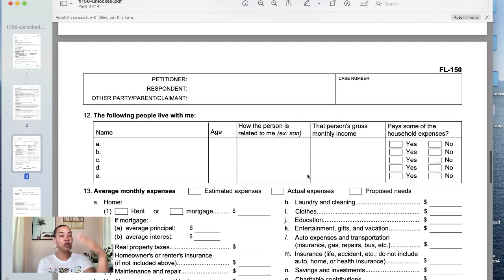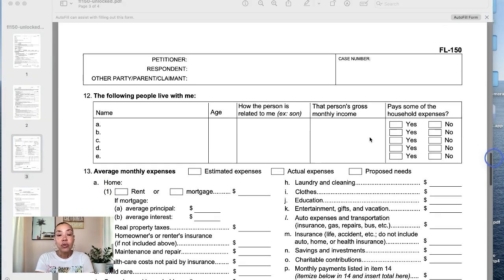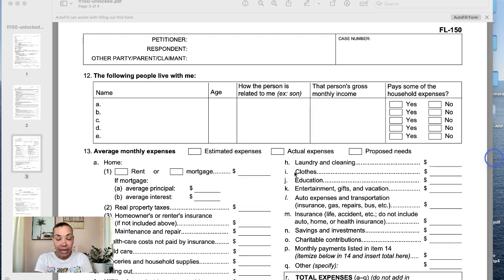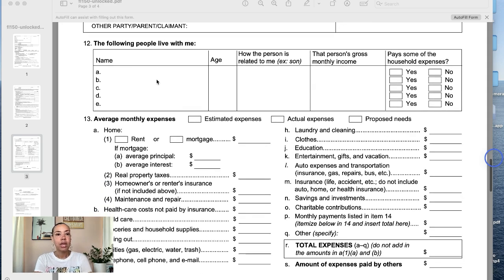Then you get to page 3, you have to do the heading again, and then you have the case number. So you're going to list the people that live with you. You're going to list their name, how old they are, how this person is related to you. Maybe it is your child, maybe it's a roommate, maybe it's your spouse because you're still in the same house, and then that person's gross monthly income.